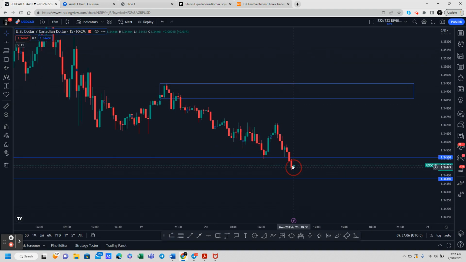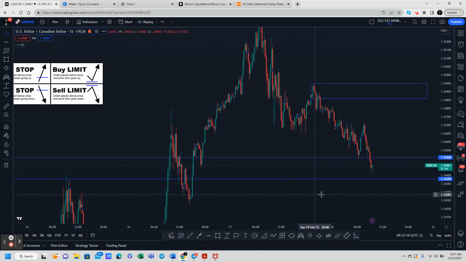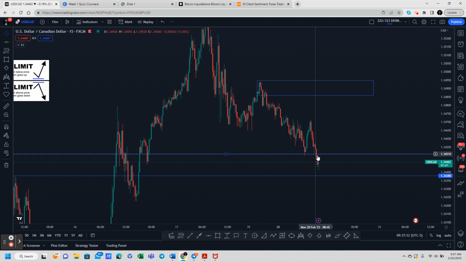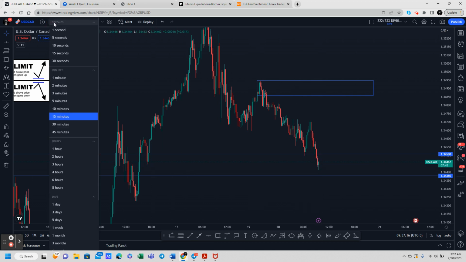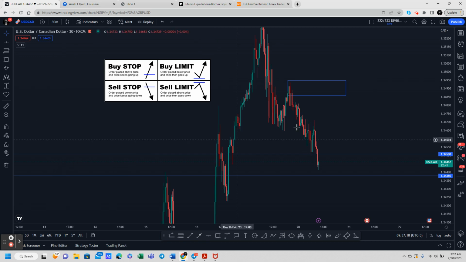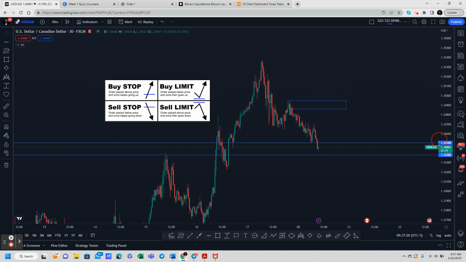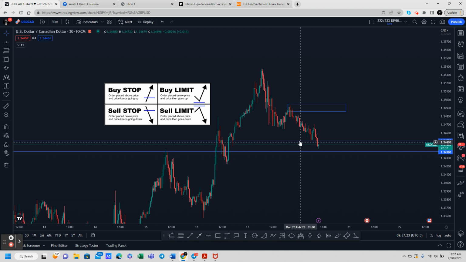So you see we got some form of strong candle coming back in from this zone. What did we do? Let me go back to the 30 minutes because that's where I did it at. Here we go.